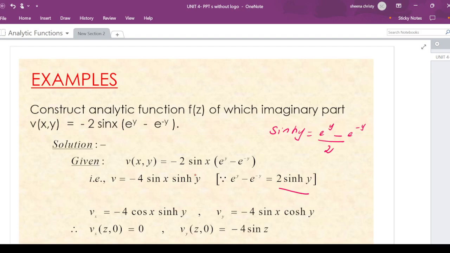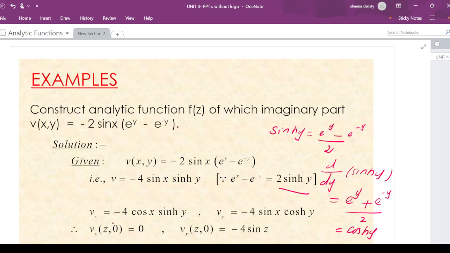We understood that d by dy of sinh y gives (e^y plus e^(-y)) divided by 2, which gives cosh y. So the differentiation of sinh y will give you cosh y. Therefore, Vy is equal to minus 4 sin x cosh y.